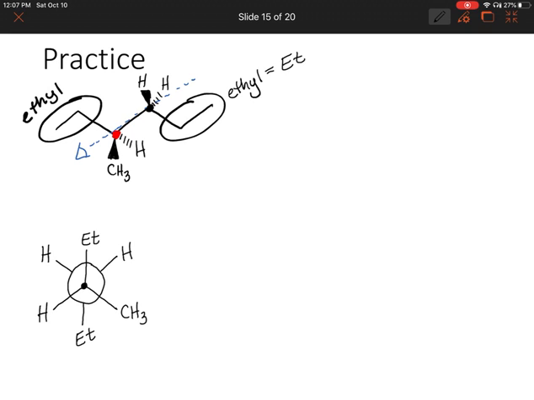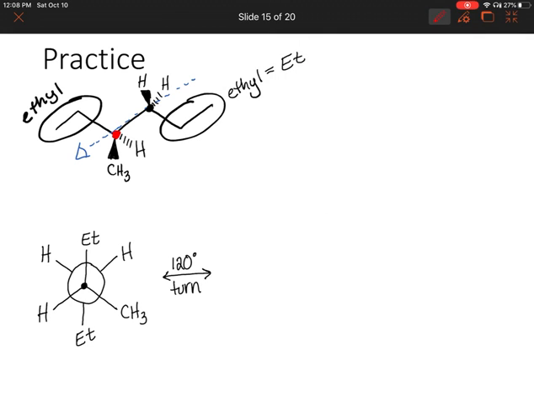So let's draw the other 2 staggered conformations that we could have here. So instead of just turning one of the carbons 60 degrees to end up in an eclipsed conformation, let's draw the next staggered conformation. So we're going to turn the back carbon 120 degrees. So we're skipping the eclipsed and going straight to the next staggered conformation.